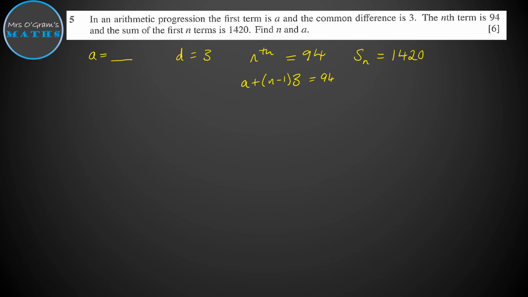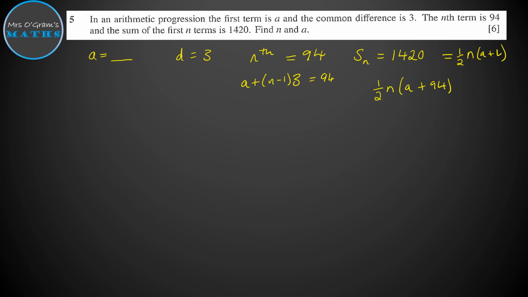For the sum of the terms, I'm going to use the form of the formula where it's half n(a plus l), since I think that will be a little easier to work with. We have got what the last term is, it's the nth term there of 94.